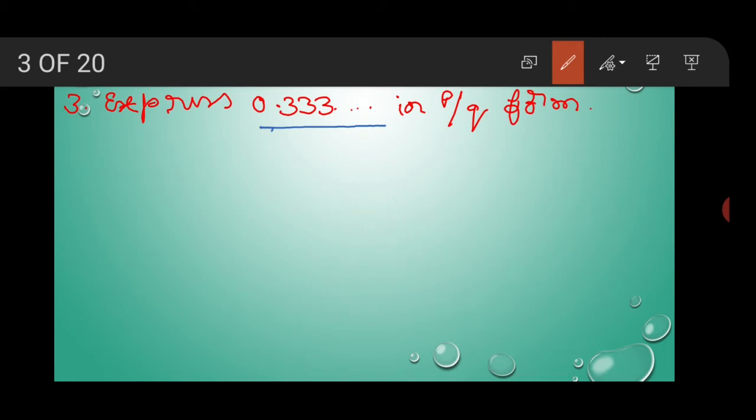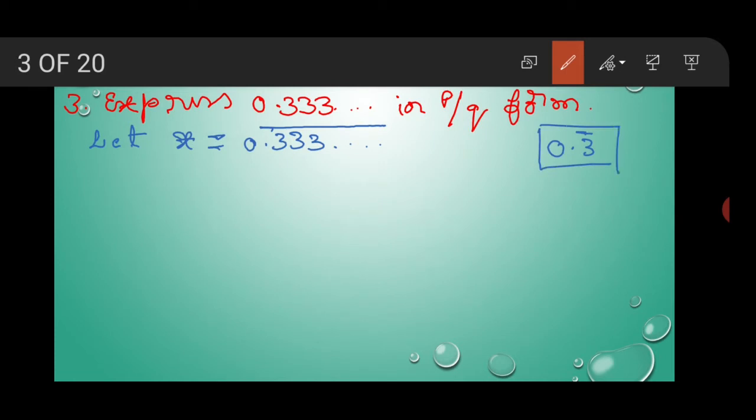We have to take the given decimal expansion as x. So let x be equal to 0.333 on and on. We can write 0.333 on and on in this way also, putting a bar over the repeating number.